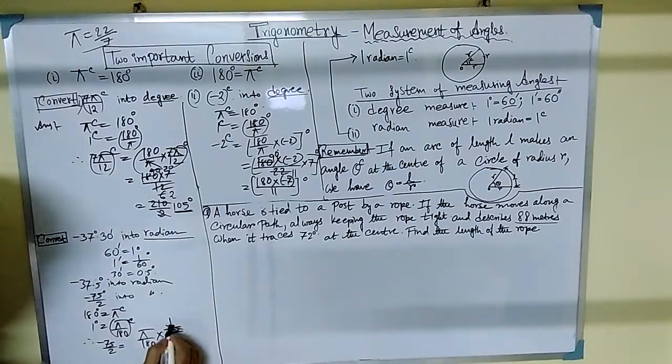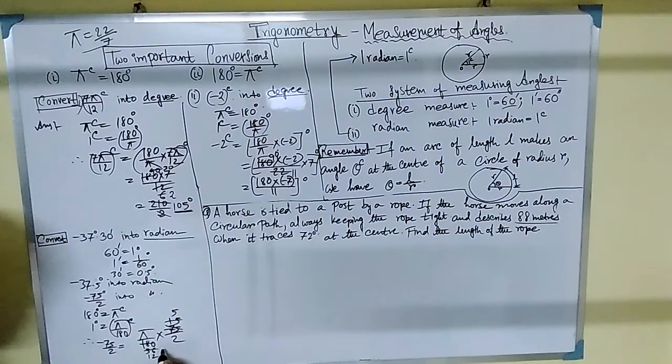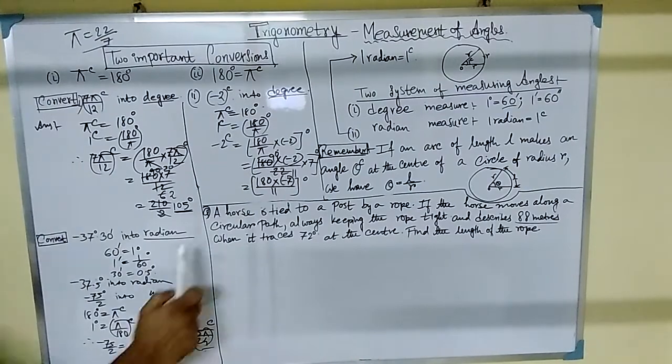This if you reduce, so we are getting minus 5 pi by 24 radian. This is the answer.